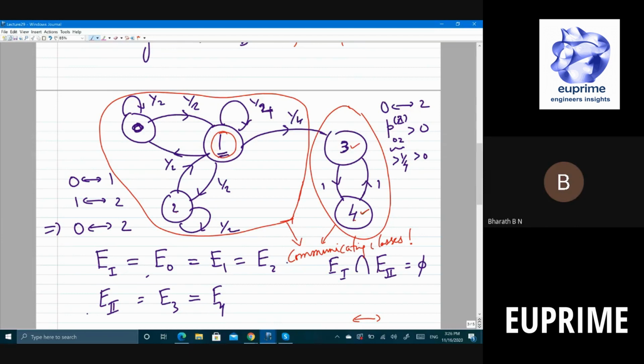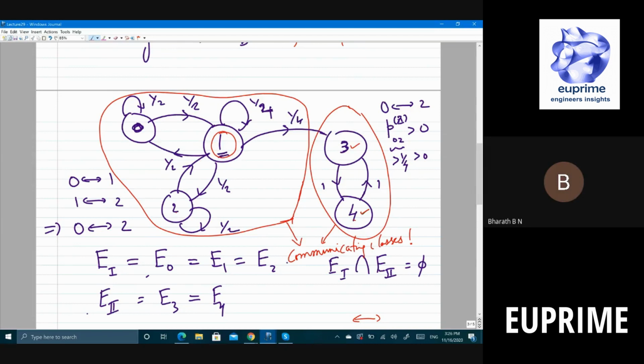That is very clear. Is it recurrent by definition? If 3 can communicate with 4, it implies 4 can communicate with 3. So they can go back and forth, right? Yes, sir. So now these two are definitely recurrent, right?